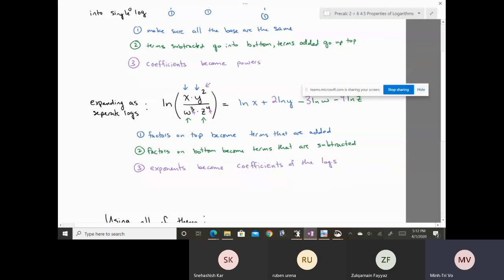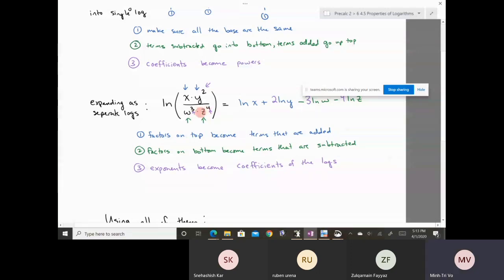And you want to be careful about what should be added and what should be subtracted, right? So you want to follow the rule that the factors that are on top are terms that should be added, and any factors that are on the bottom are terms that are subtracted, right? So you see how the w and the z are on the bottom here, so they turn into subtraction. The reason I want you to be careful about that is because here you see how W and Z are being multiplied.